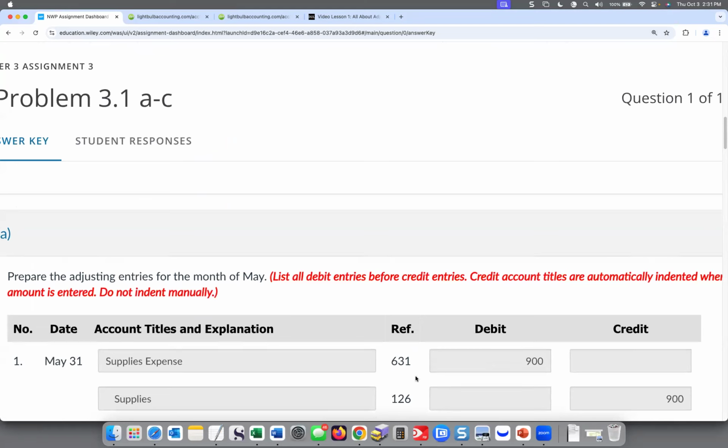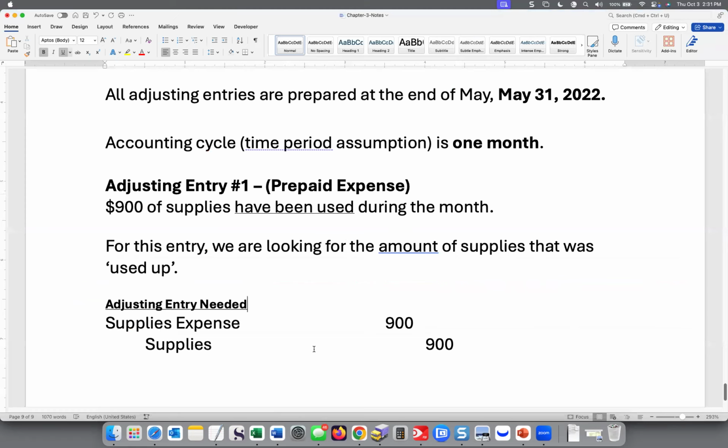And again, the other thing I told you in the setup of the problem, just ignore these reference numbers, all right? You don't have to worry about those. I'll talk about those again when we get to part B, all right? So we're just looking at the journal entry here. And again, one debit, one credit, no numbers in these opposing columns, all right? Otherwise, it'll mark everything wrong. Yeah, just basic journal entry format, which Wiley Plus's version matches what I got in the notes here, all right?